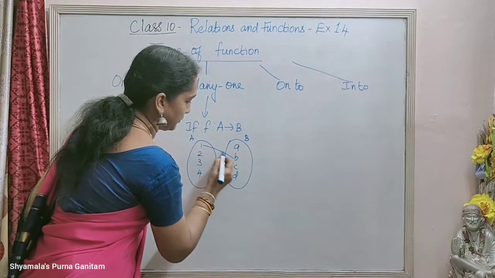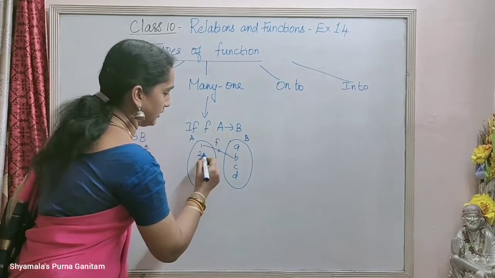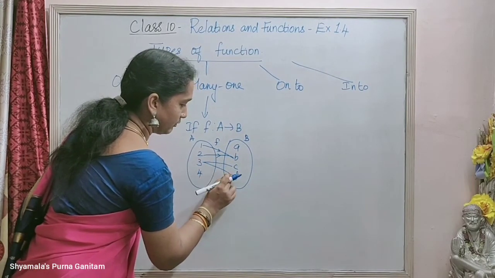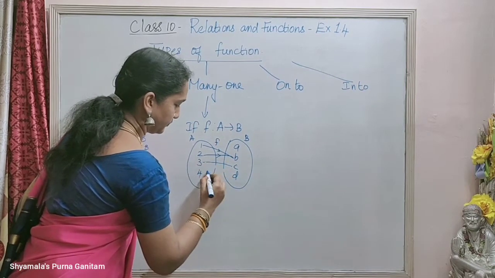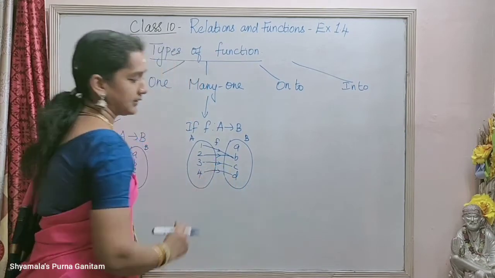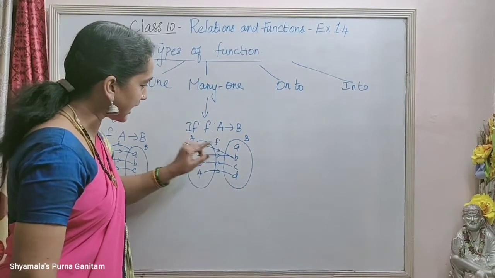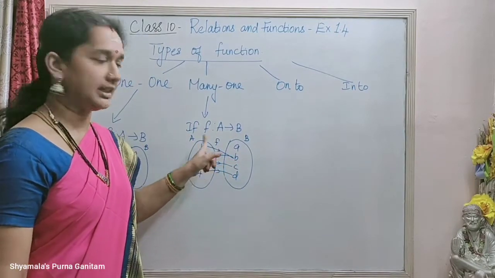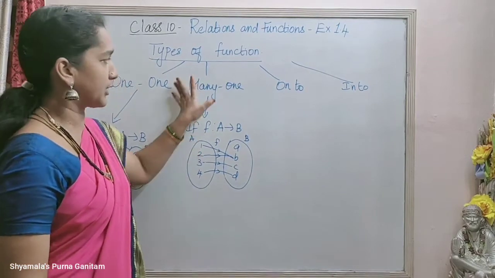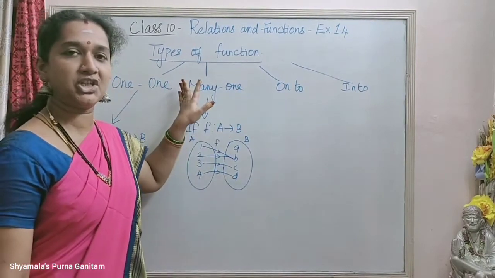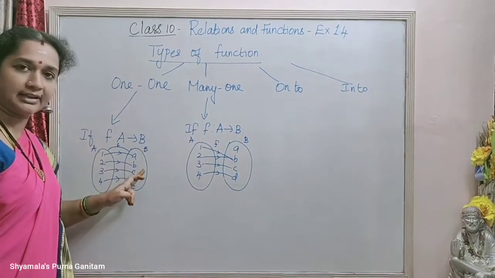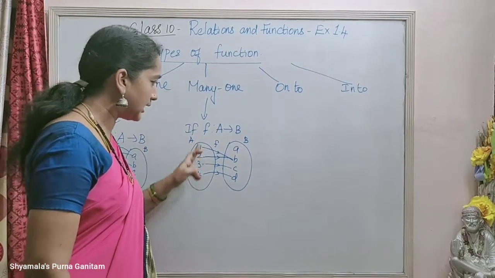So like this, we will get a function where these 2 elements have the same image. This is called many-to-one function. From the word itself, we can identify: one-to-one means one is connected to one, and many-to-one means many are connected to one.